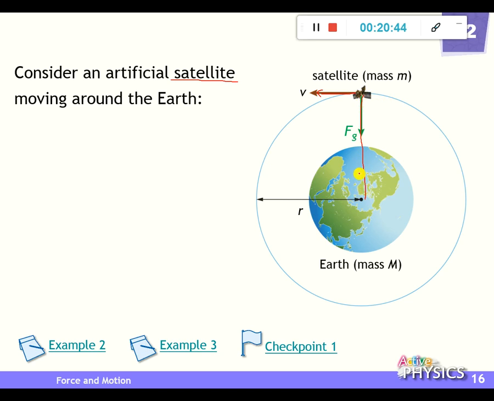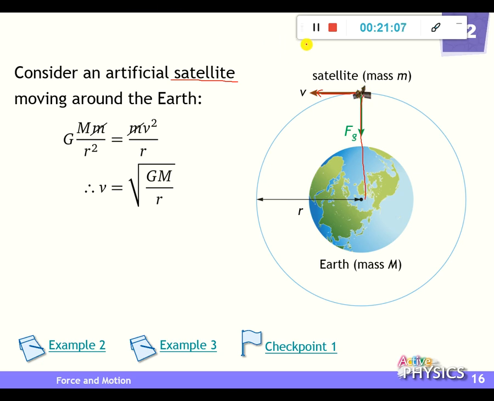Do the calculation, then we can find that if the speed of the satellite is too high or too small, it will not be the same circular orbit. You should try to do it. Try to find out the suitable value for it.